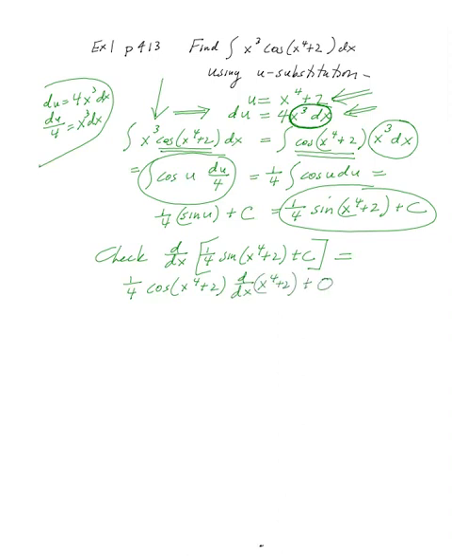Derivative of c is 0. One-fourth times 4 is just 1. I've got x cubed times cosine of x to the 4th plus 2. And lo and behold, that was my original integrand.